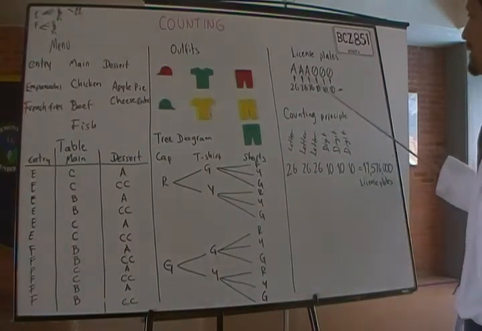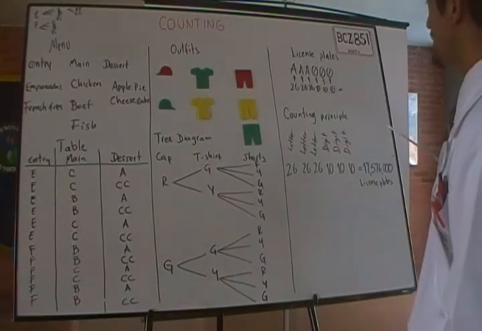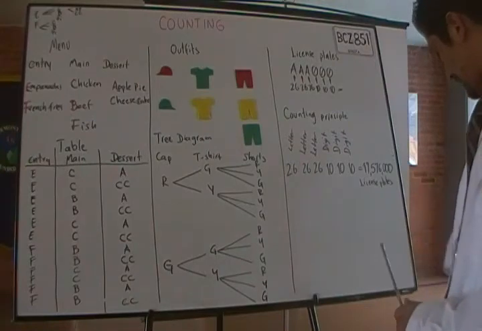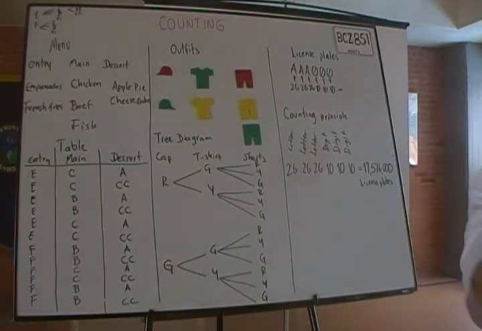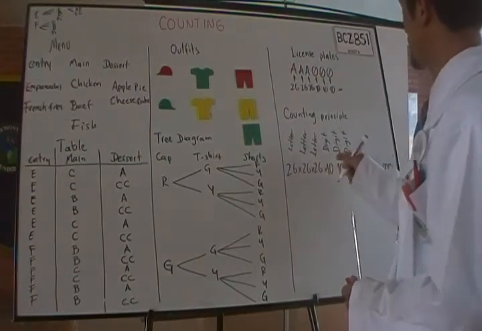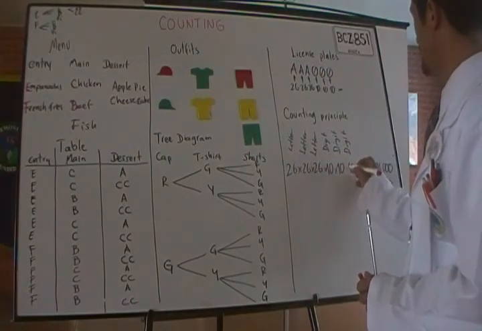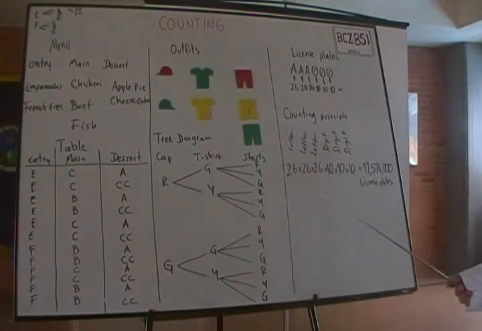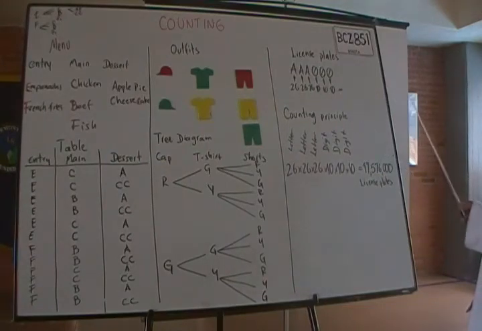So for the first letter, I have 26 possibilities, times, using the counting principle, 26 for the second letter, times 26 for the third letter, times 10 for the first digit, times 10 for the second digit, and times 10 for the third digit. So if you perform this multiplication, using the counting principle, you will get, following these conditions, 17,576,000 license plates with this combination.